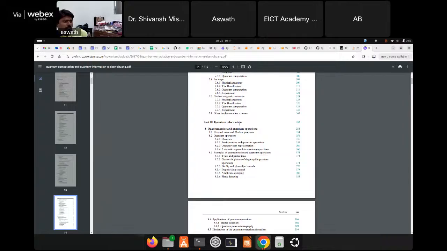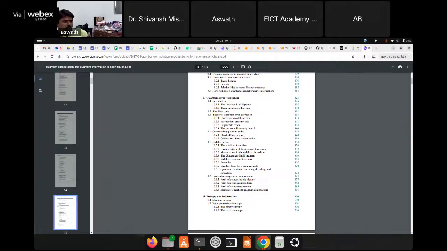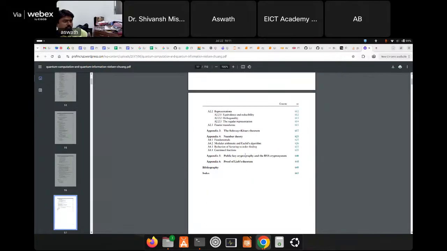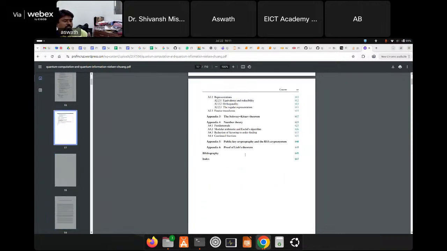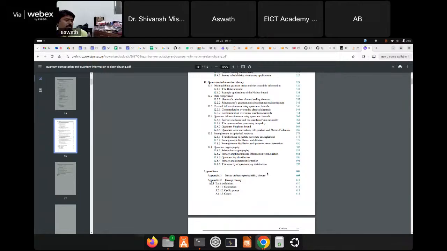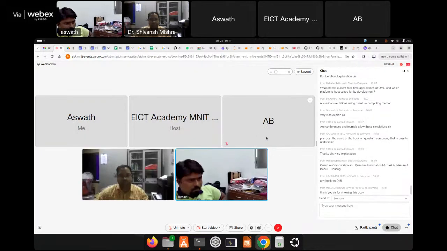Noise and quantum error correction are there too. This book is nicely written, and solutions are also available on the net. If you carefully check, you will get the solutions for the problems in the book. I would suggest this is the best book as of now, but there are other books also available. It is up to you which one you find more comfortable. I'll stop and hand it over to the academy.